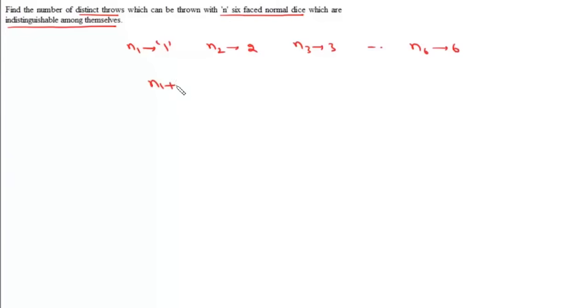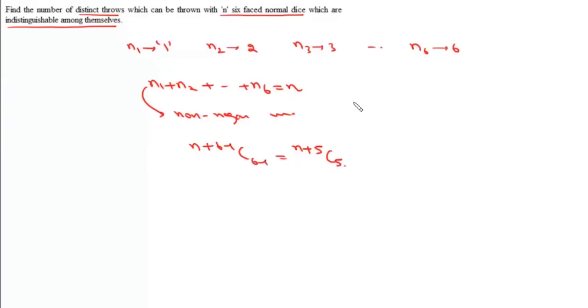Now n1 plus n2 up to n6 must be equal to n, and we have to find the number of non-negative integral solutions of this equation. The number of non-negative integral solutions is given by n plus r minus 1 C r minus 1, which is simply n plus 5 C 5, and that is the answer to this question.